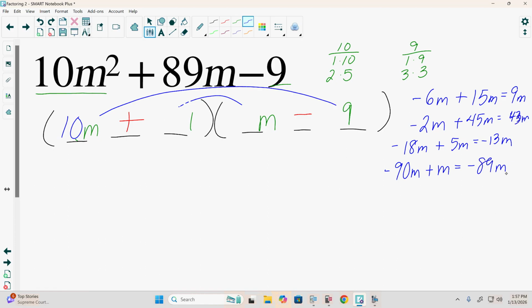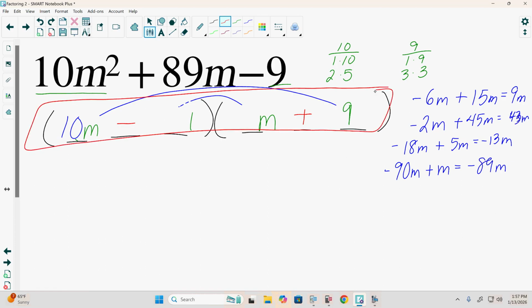It is the correct number, but wrong sign. So all we need to do is switch the signs. Because now we have 10m times positive 9 giving us positive 90m minus m, telling us that the middle term is indeed 89m.